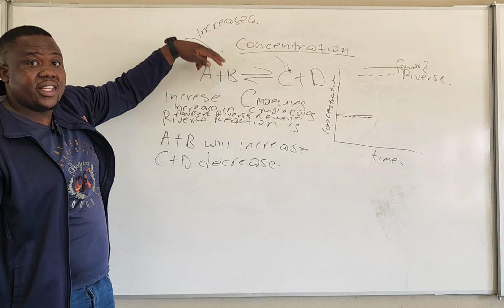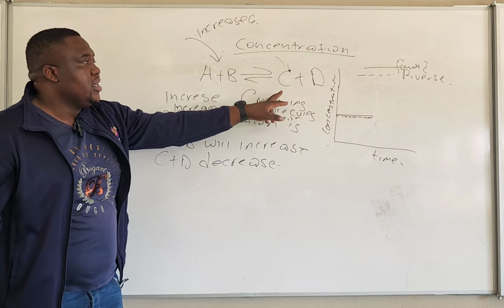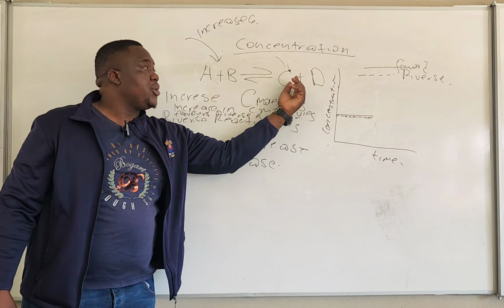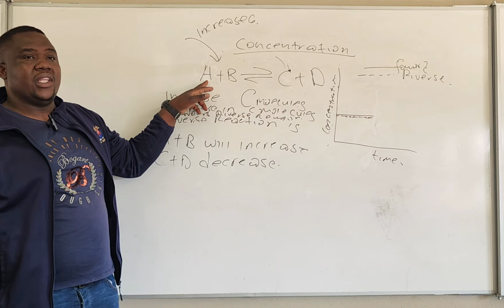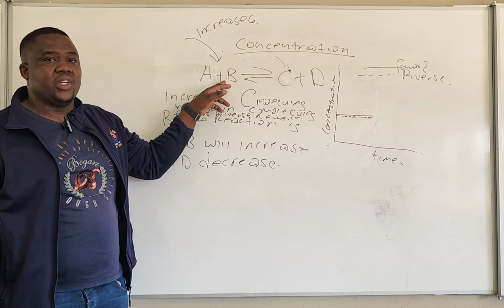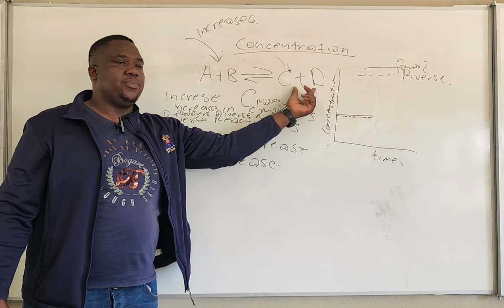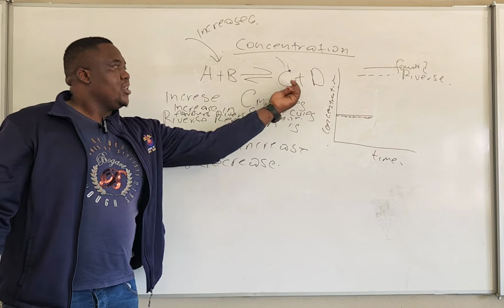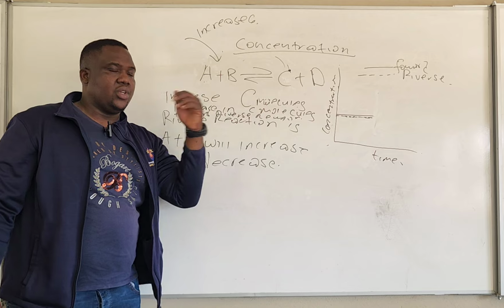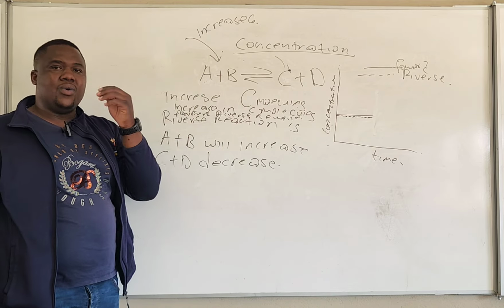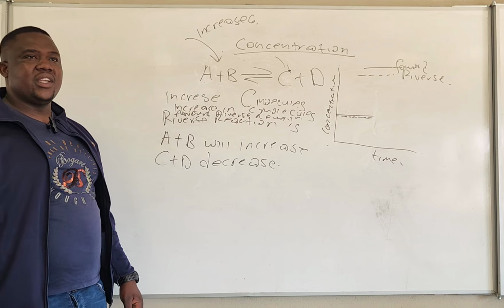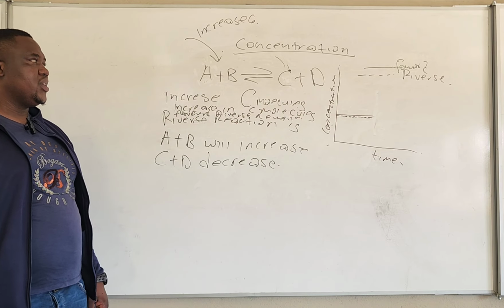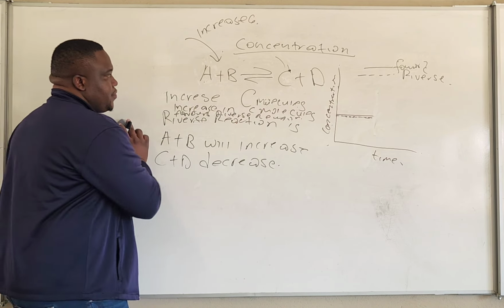When we do that, C and D will start to decrease because we are using them. But what about A and B? A and B are going to increase because A and B are formed from these products. You understand? Then the reverse reaction is going to be favored. So that's how it works. That's how concentration affects the rate of reaction. You understand? Okay.